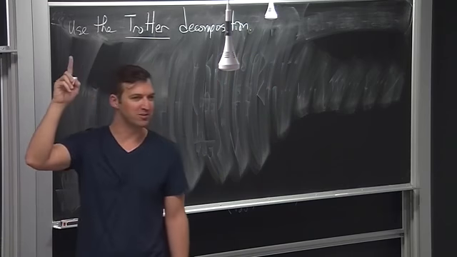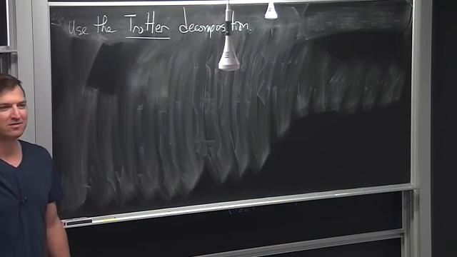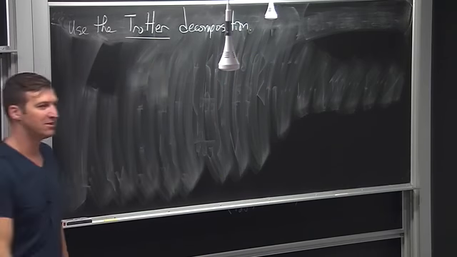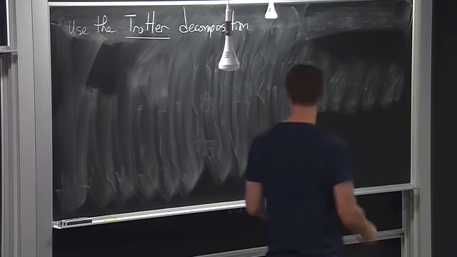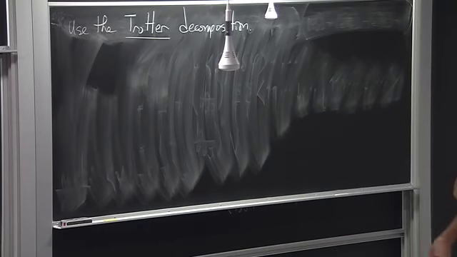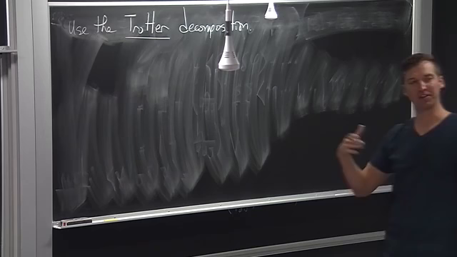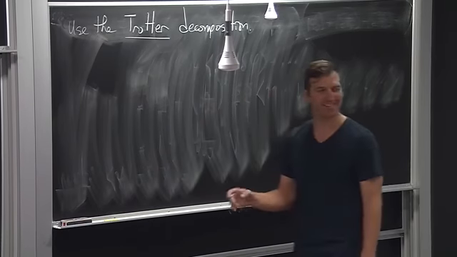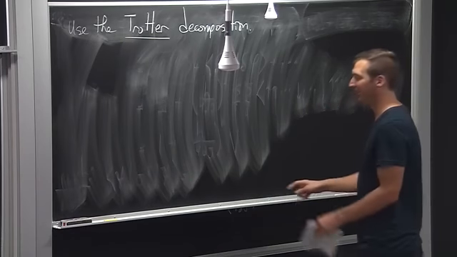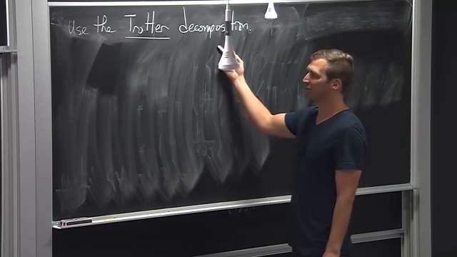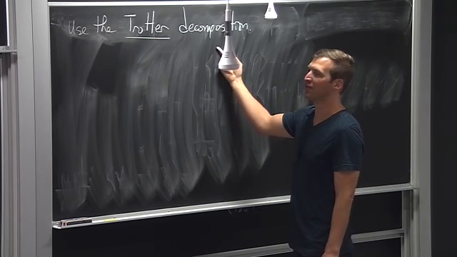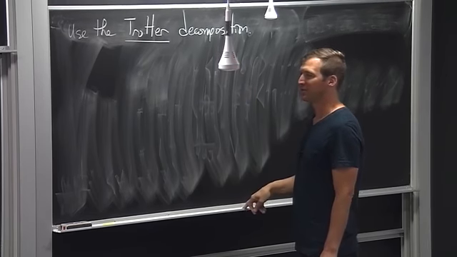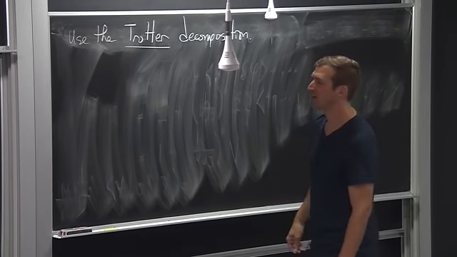Who's heard of the Trotter decomposition before? Okay. So let me go through it from scratch. So the Trotter decomposition is a way of breaking up essentially the partition function into small pieces that commute up to some error. Okay? And anyone who's done quantum Monte Carlo has seen this, because this is one of the conceptual ideas behind quantum Monte Carlo.